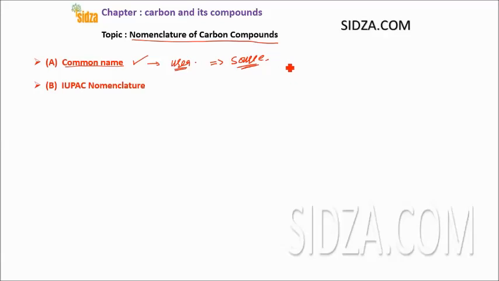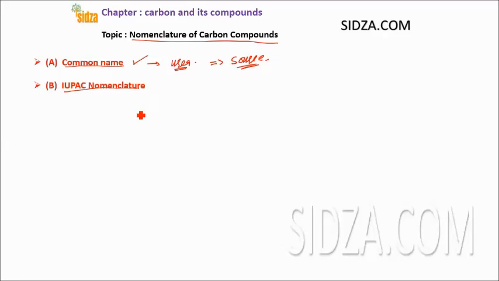The system became irrelevant. Why? Because we could now synthesize organic compounds in the lab, and the number of organic compounds prepared in the labs was plenty. Therefore, a new system of nomenclature was given, called the IUPAC nomenclature system.